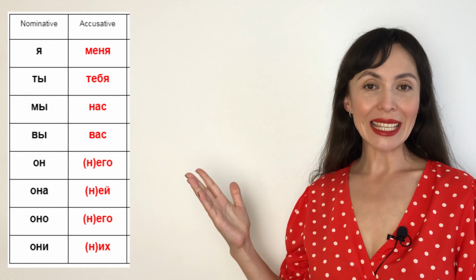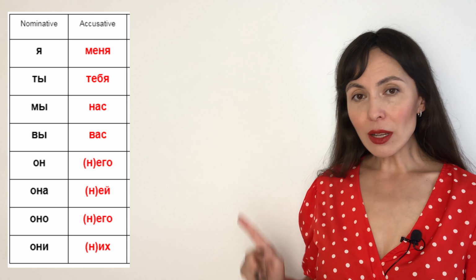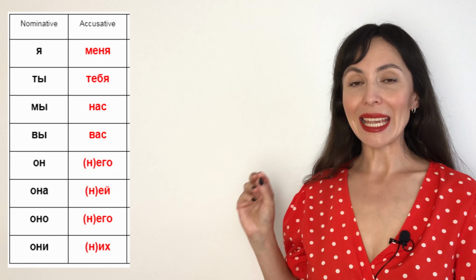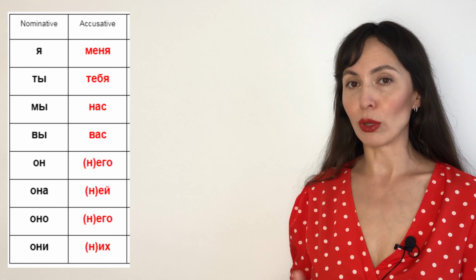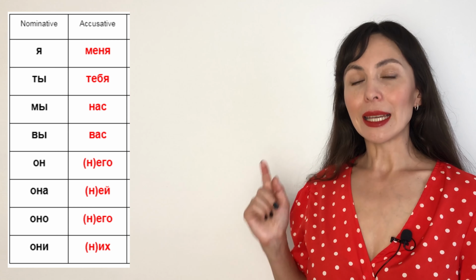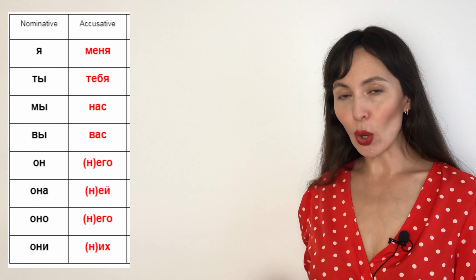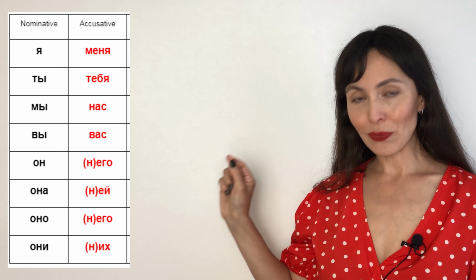First of all, let's see how we change the personal pronouns in the accusative case. In the first column, you see the personal pronouns in their nominative case form, the initial or dictionary form. Я, ты, мы, вы, он, она, оно, они. And right next to it, there are the accusative case forms.